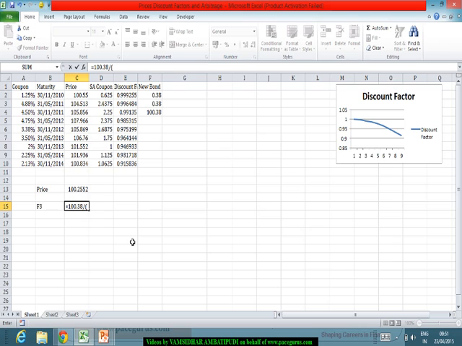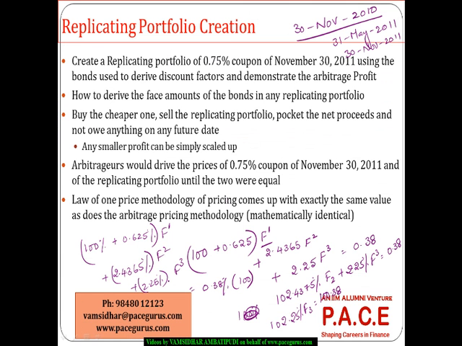100.38 divided by 100 plus 2.25, this entire thing divided by 100. So this is giving me a face value of 98.17.